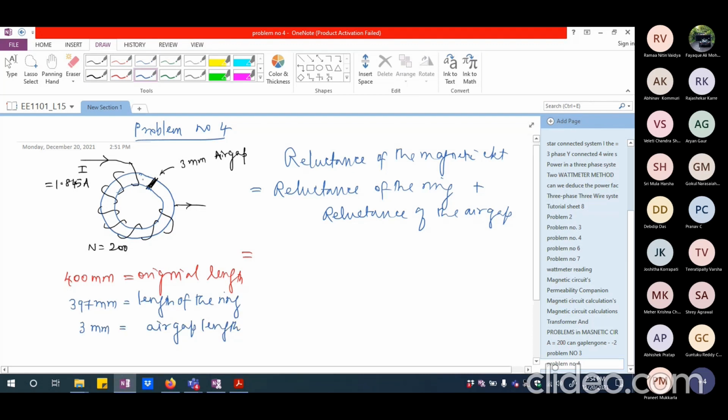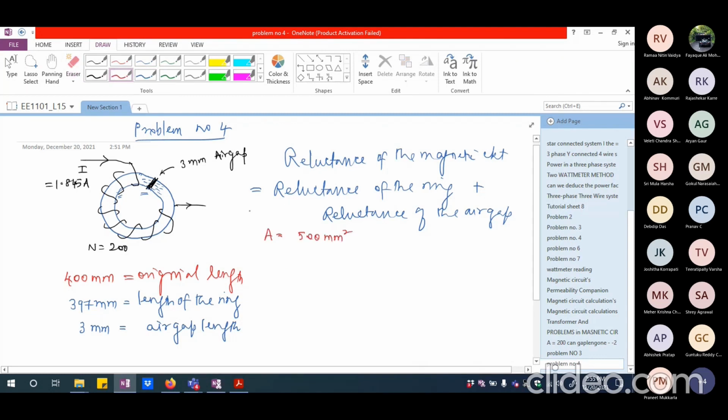I'm going to assume that whatever is the air gap magnetic flux line, everything is going to pass straight ahead. So I'm not going to have the cross-sectional area any different along the air gap as compared to what I'm having along the iron ring. So in this particular case, A is air gap area, cross-sectional area, as well as steel ring cross-sectional area, everything is going to be 500 mm square. Okay.